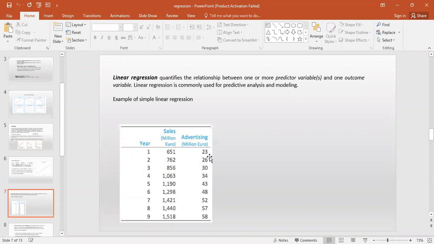In the first data, 23 million euros was spent by the company, and the sales increased by 651 million euros. In the next data, 26 million euros was spent on advertising, and the sales also increased. So this is perfectly correlated, and we'll get a straight line.